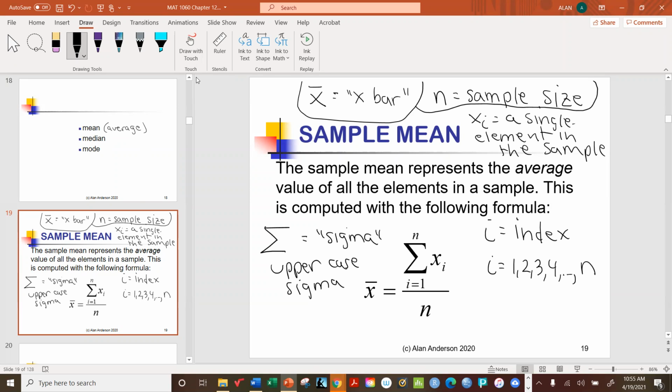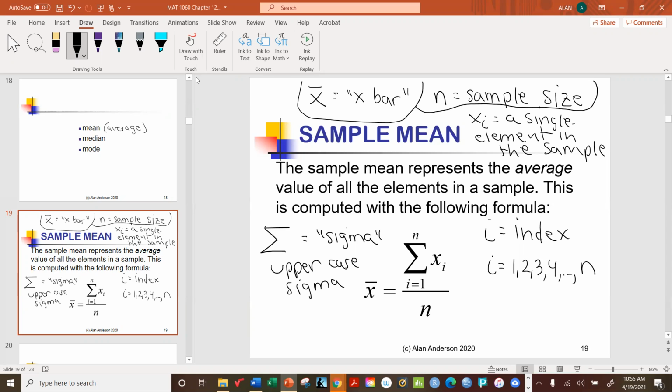What does that mean? Well, each xi is a different element in the sample. The index is used to keep track of which one is which, as you'll see in a couple of minutes when we do some examples. So these x's are themselves simply elements of my sample.